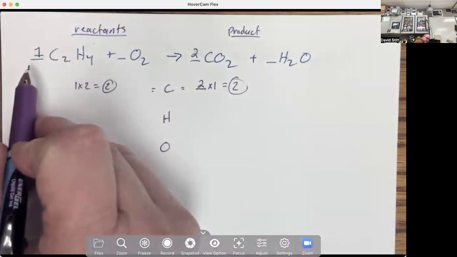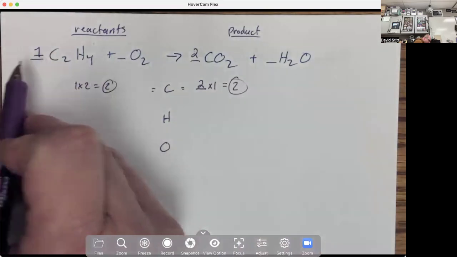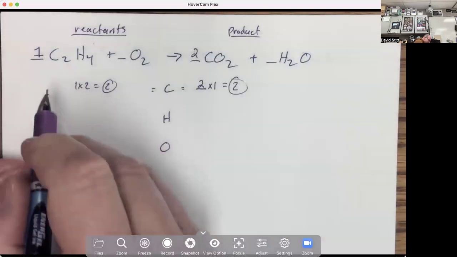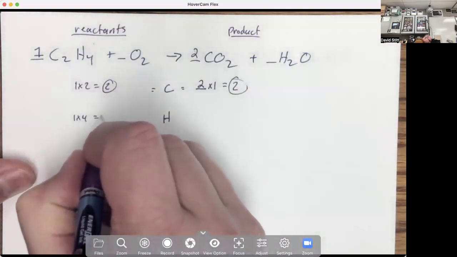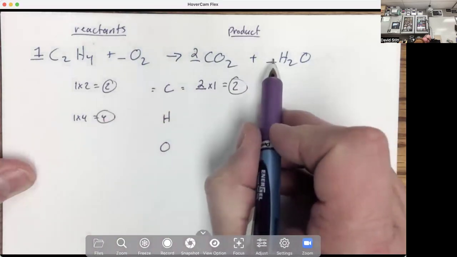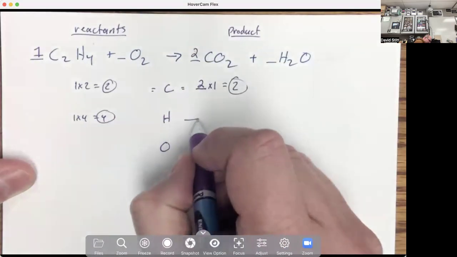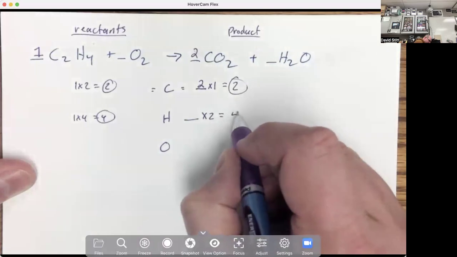I already have hydrogen done on the reactant side. I already have a coefficient right here. So I'm going to go coefficient times subscript for my element. This gives me 1 times 4 hydrogen on the left. Whatever number I put here is going to get multiplied by 2. So I'm going to say some number here multiplied by 2 has to equal the other side.